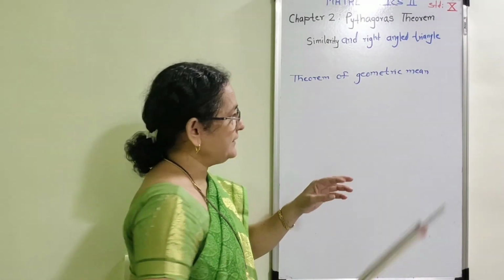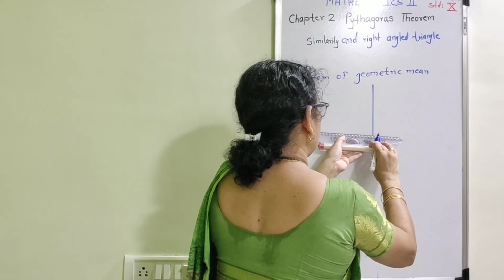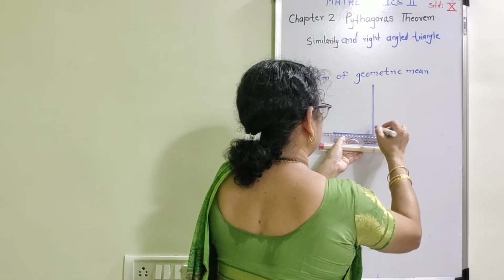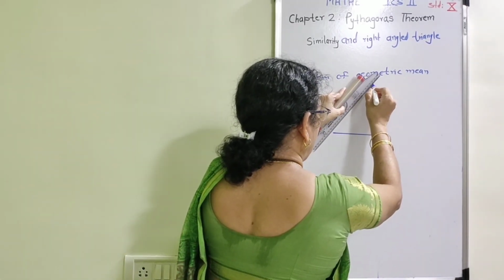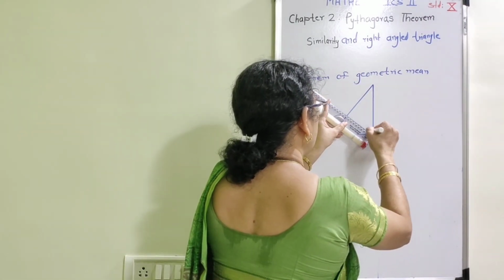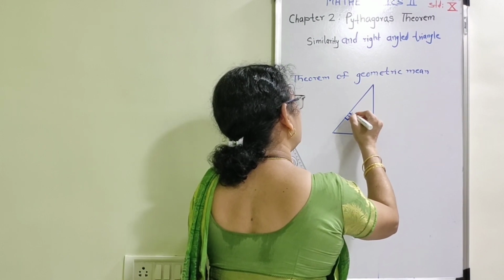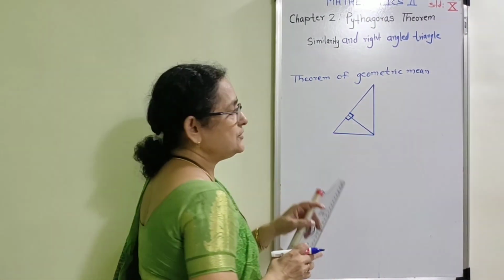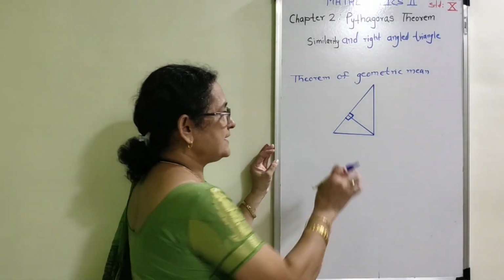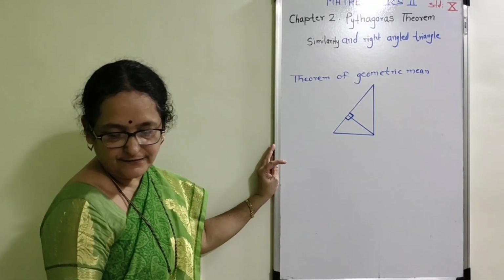They have given a right angle triangle. If in a right angle triangle, an altitude is drawn on the hypotenuse, then that altitude is said to be the geometric mean of the segments in which the hypotenuse is divided.